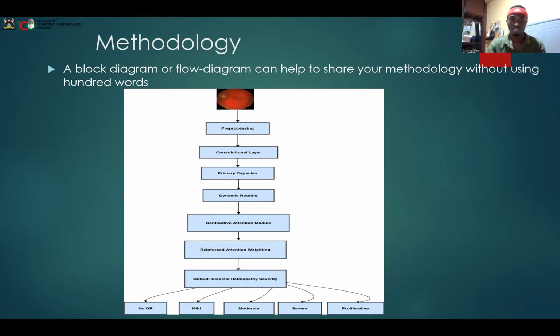Then we move on to the reinforced attention weighting. Here the model assigns weights to the features and makes sure it maximizes the weights, or the reward. Then after that, the output: since we have 5 classes, the output will be one of these classes that are seen down here. So that is the flow diagram of our model.